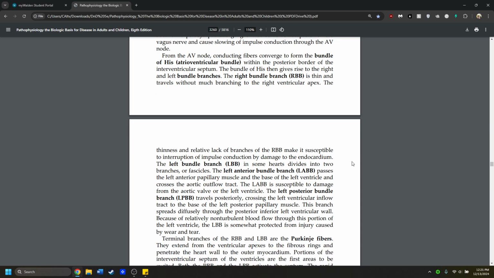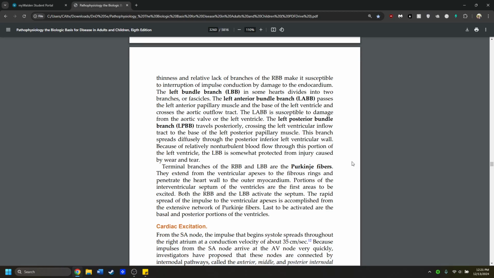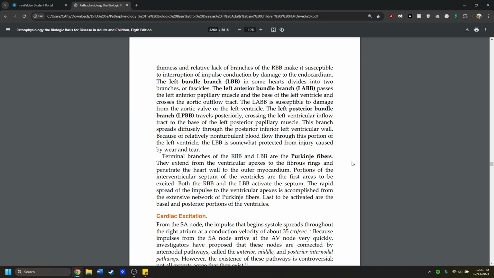The thinness and relative lack of branches of the RBB make it susceptible to interruption of impulse conduction by damage to the endocardium. The left bundle branch, or LBB, in some hearts divides into two branches, or fascicles.